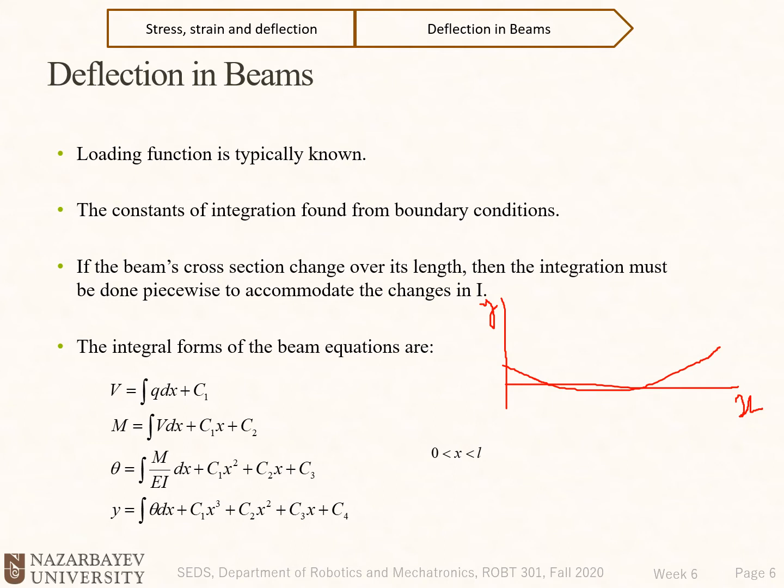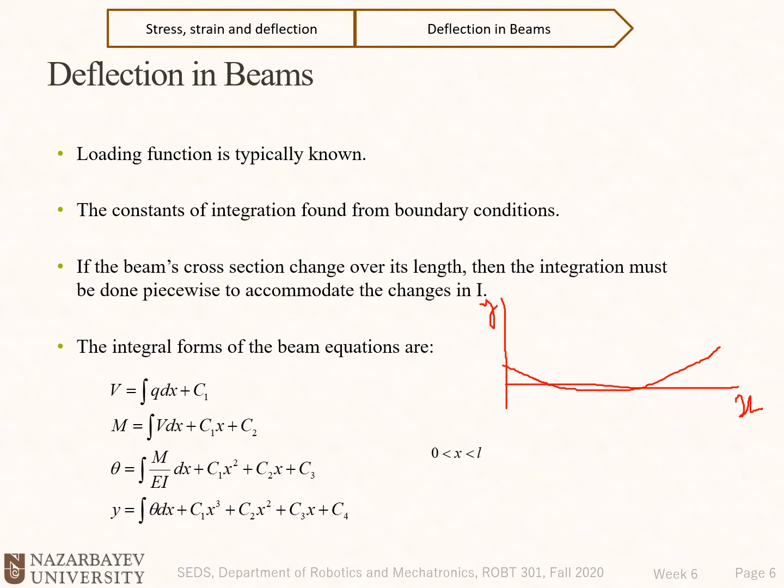dx plus c1x^2 plus c2x plus c3, and y is equal to the integral of theta dx plus c1x^3 plus c2x^2 plus c3x plus c4. And what is x?